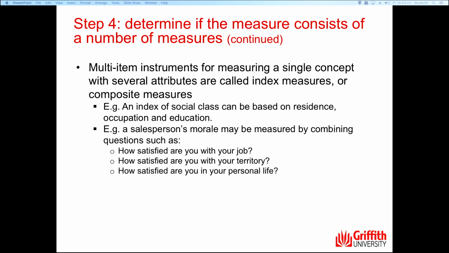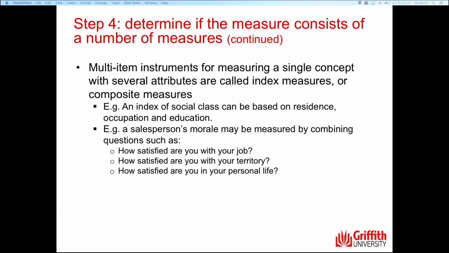Let's say you want to study the effect of a particular income on behavior. To measure social class, you can't just measure a single piece of evidence, for example residence, education, occupation, or the amount of money. It's probably a combination of a few concepts.